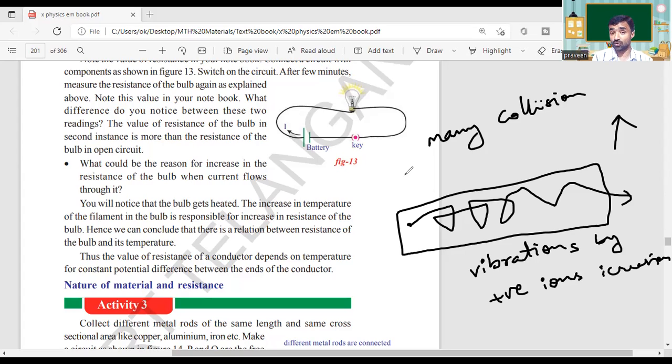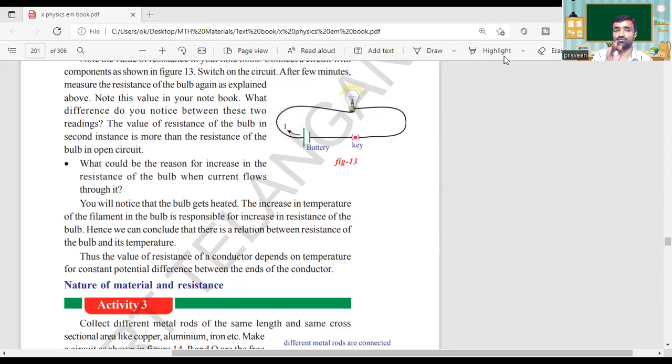So collisions are made, and the number of times it is resisted to move, its motion is controlled. That's why it takes a long time to reach from one end to the other end. This nature is what makes the filament glow. The bulb filament glows due to this reason only.